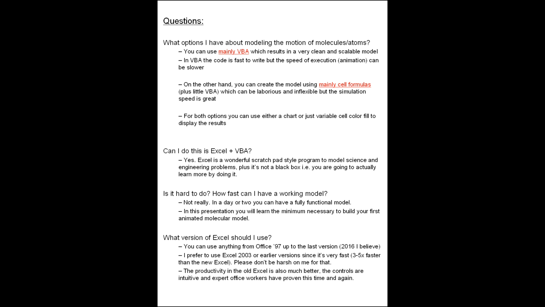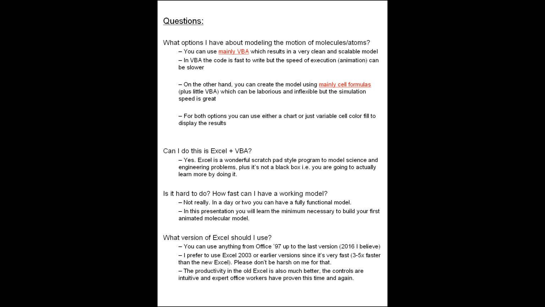On the other hand, if you want a very fast model, later you can use mainly set formulas. It is very inflexible because you need to write a table with sometimes complex formulas, copy paste, keep track of everything you do, and it takes a long time and it's not flexible.